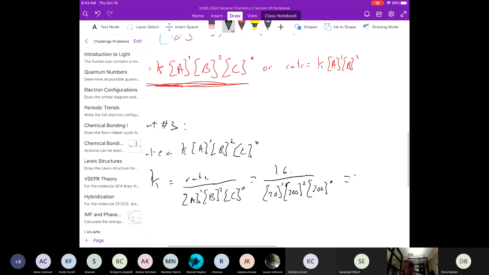End up with 2.0 times 10 to the minus 5, right? If we look at the units here, this is molar per second. This is going to be molar, molar, molar. So our units here are going to be, oh, sorry, that's millimolar.